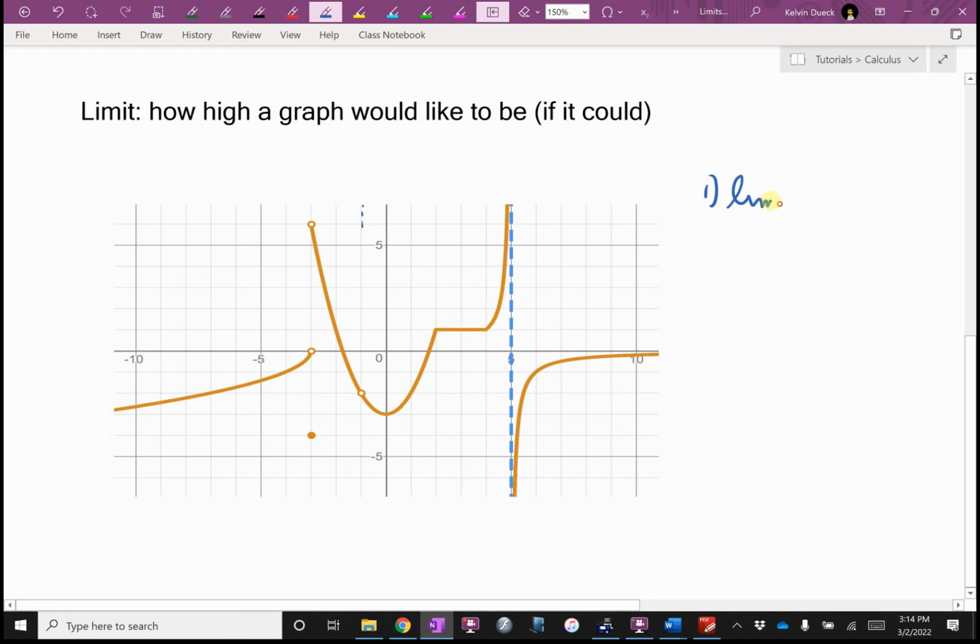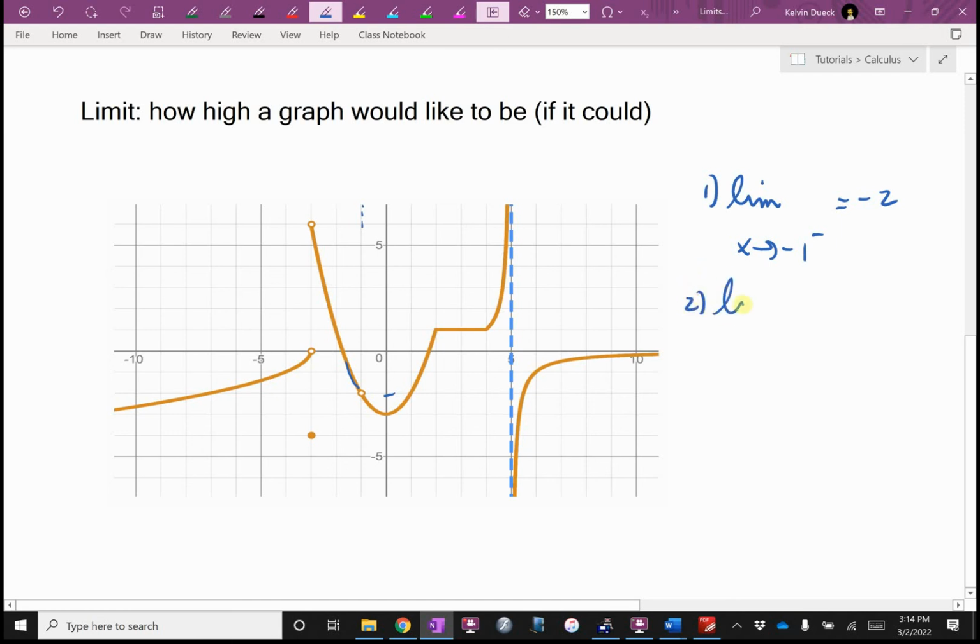If I take the limit as x approaches negative 1 from the left, what height am I approaching? So from a graph, I can read limits graphically, negative 2.